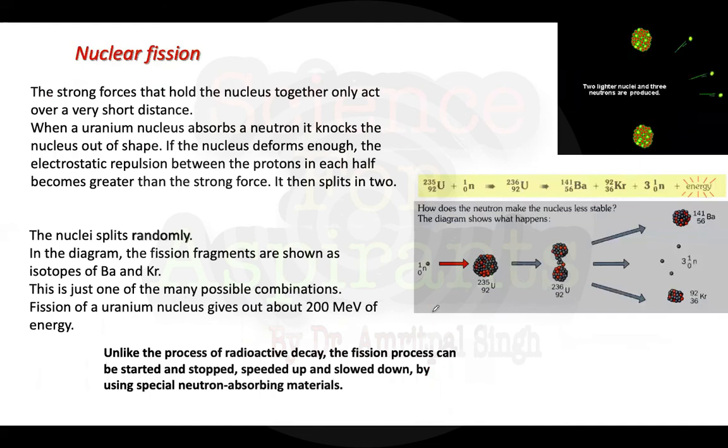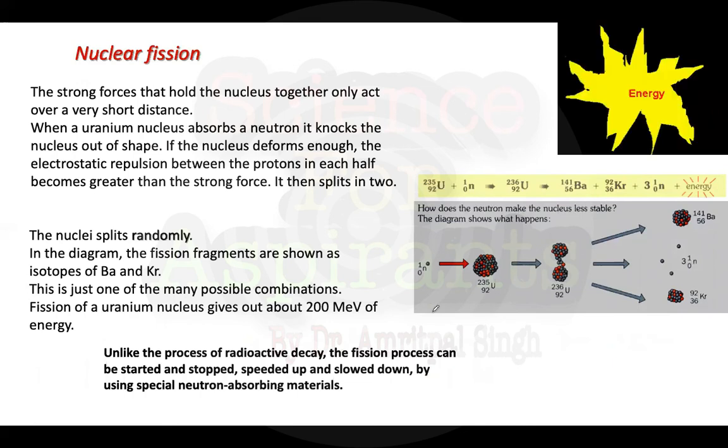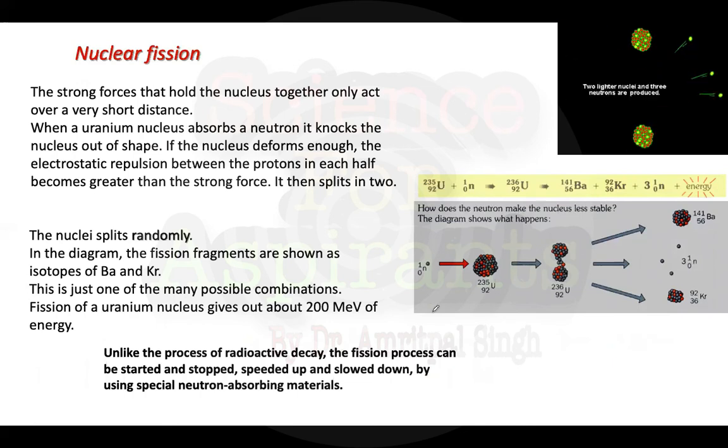So what is the physics behind this nuclear fission? The strong forces that hold the nucleus together act only over a very short distance. When a uranium nucleus absorbs a neutron, it knocks the nucleus out of shape, and it undergoes a large number of deformations, as we have discussed.